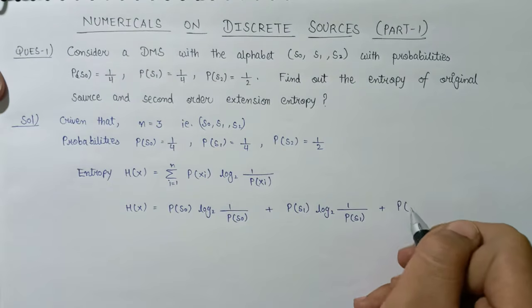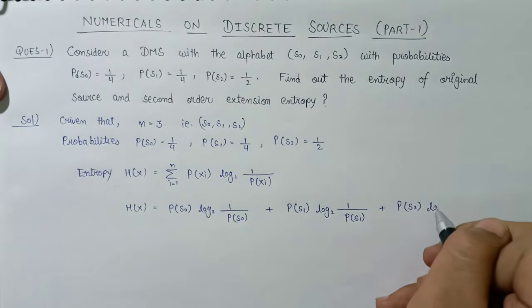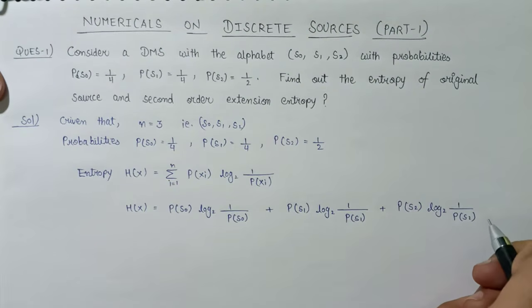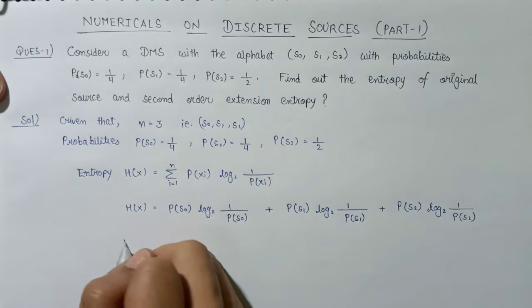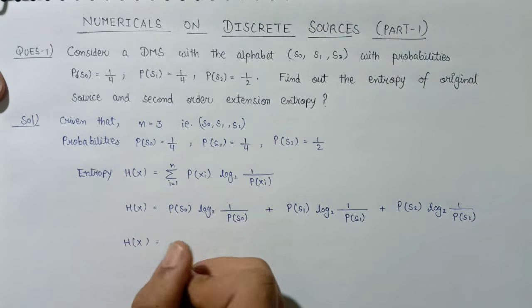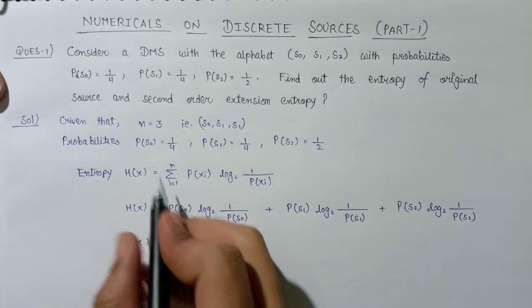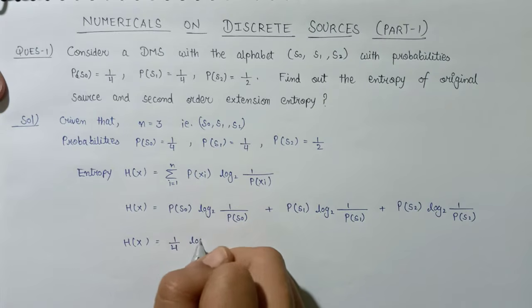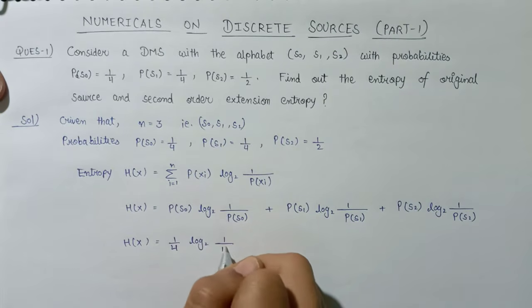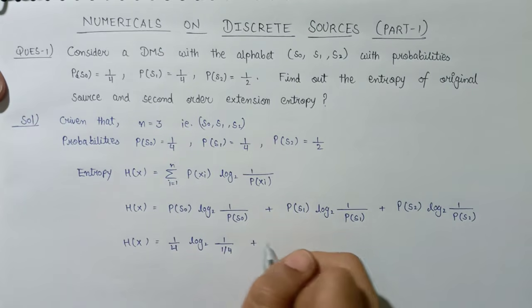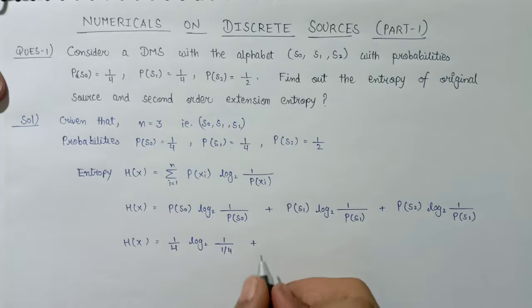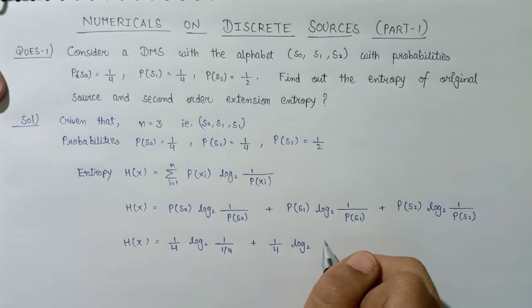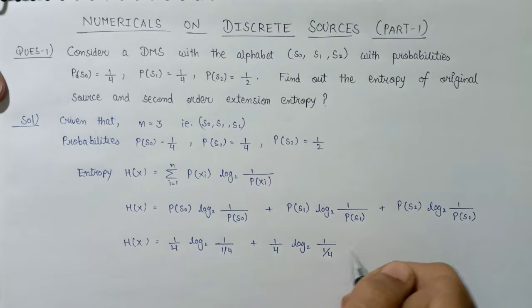plus P of S2 log base 2 1 over P of S2. On putting the values, we get the entropy as: in place of P of S0 we write 1 by 4, so 1 by 4 log base 2 1 over 1 by 4, plus, in place of P of S1 we write 1 by 4, so 1 by 4 log base 2 1 over 1 by 4.